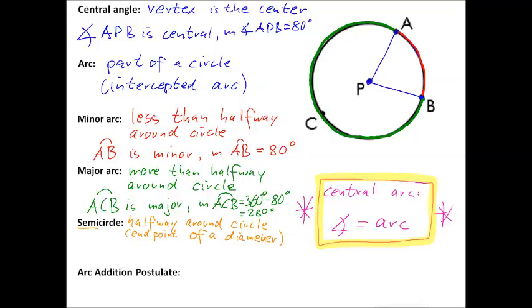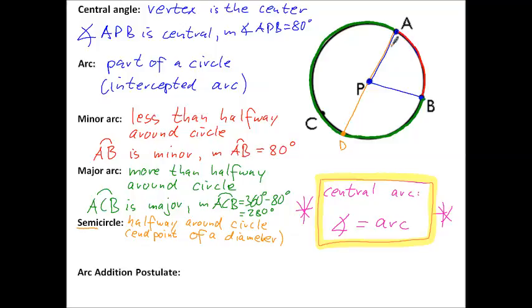So if we, for example, started from point A and went to the center P, but then continued going on the other side until we hit the circle again, and here we create point D. This is a diameter, and that cuts the circle into two semicircles.